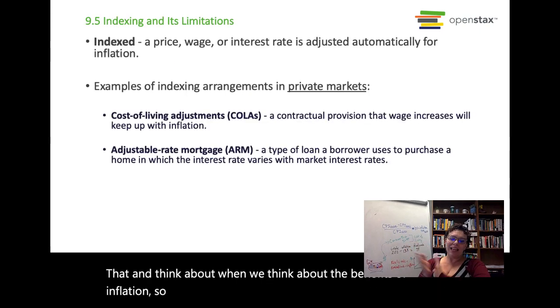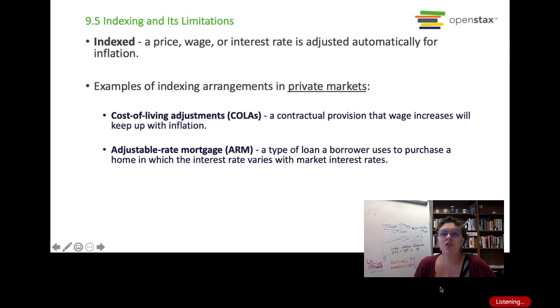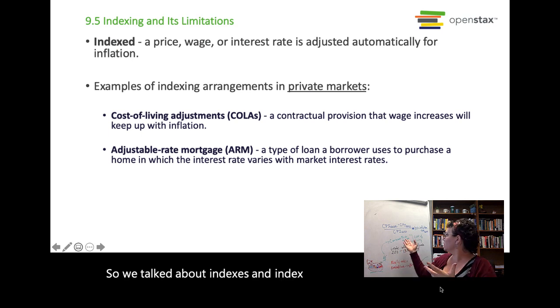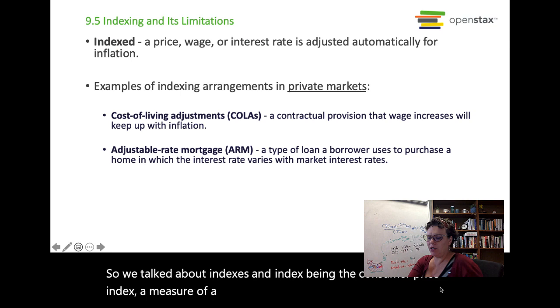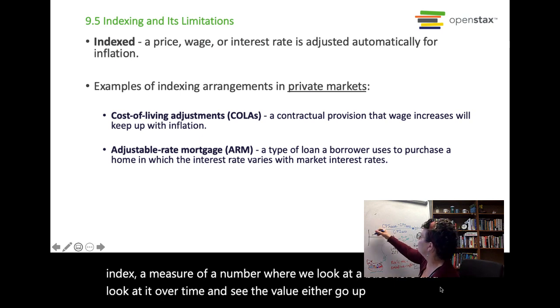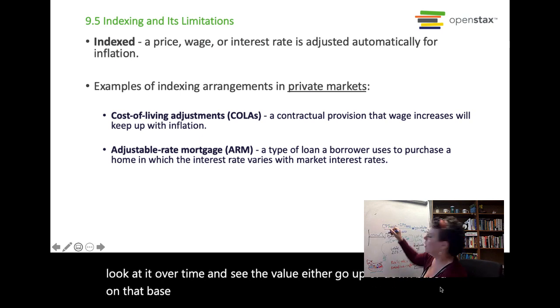So, the last thing we want to do today is talk about indexing and its limitations. So we talked about indexes, an index being the consumer price index, a number where we look at a base year and see the value either go up or down based on that base year, right?